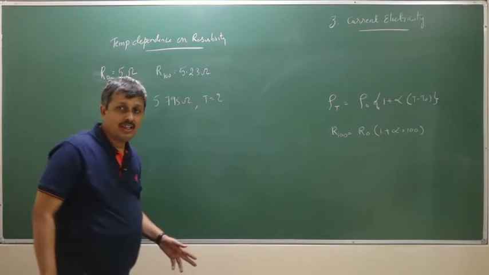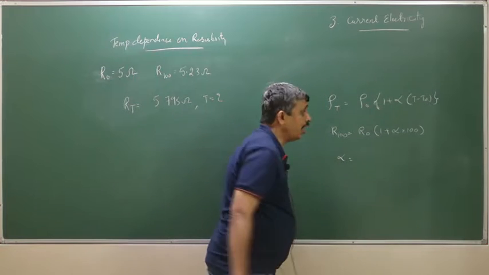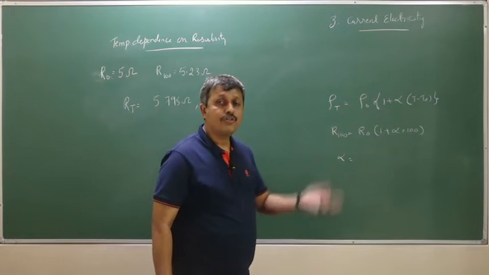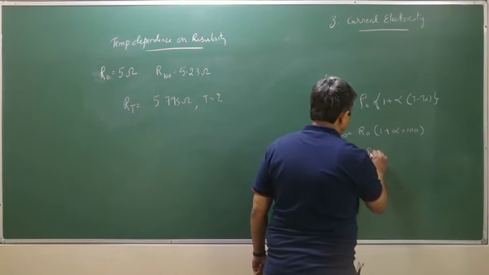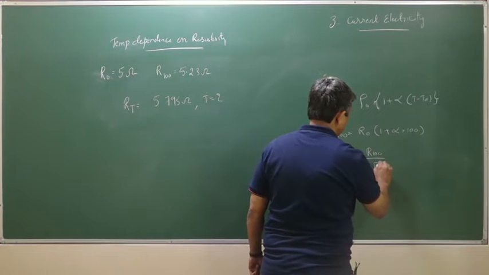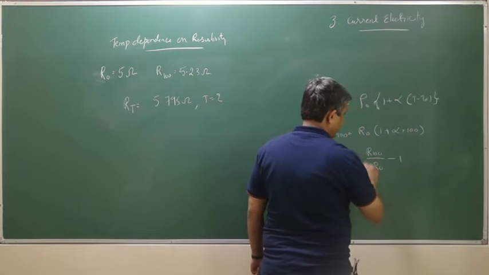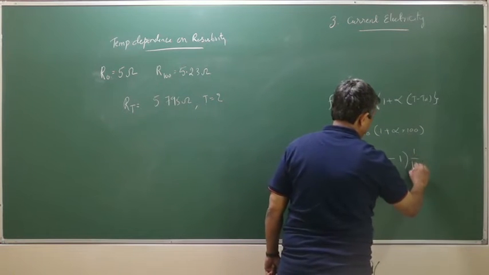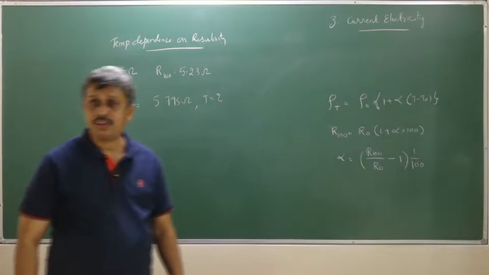Using this formula, I will find the value of alpha. Alpha is R100 by R naught minus 1, into 1 by 100. I just transposed it for alpha. So, we got the value of alpha.